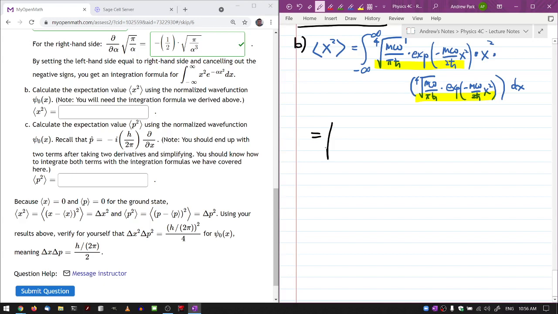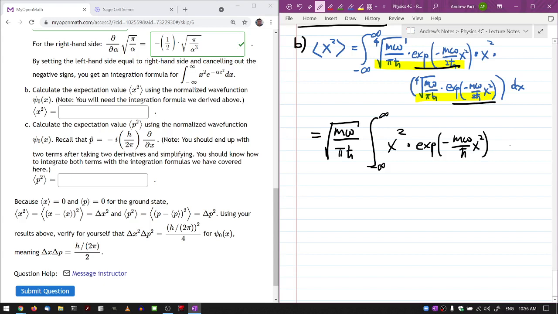I have a square root of m omega over pi h bar, and then the integral from negative infinity to infinity of x squared. When I multiply together the two exponential terms, this factor of 2 in the denominator goes away. So it's going to be exponential of minus m omega over h bar x squared dx.